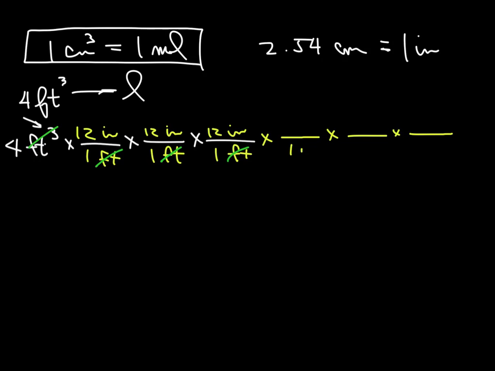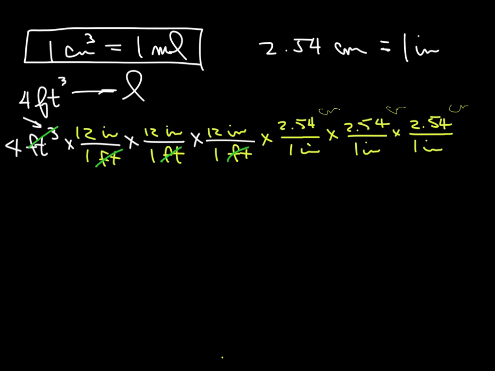And I know that 1 inch is 2.54, and I'm going to go ahead and write that. And I'm going to make my pen smaller. And that's centimeters, centimeters, centimeters.